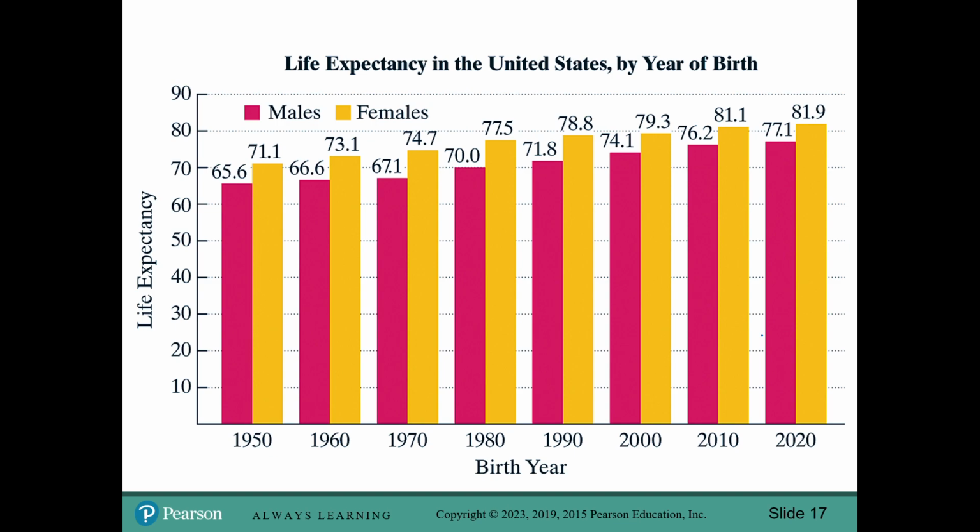It is also delineated by males versus females, and what we can clearly see here is that females are expected to live longer in every year categorized here, from 1950 all the way to 2020. Females typically live longer than men. But we also see that from the year 1950 to the year 2020, there is an increase in the amount of time that somebody is expected to live, their life expectancy.